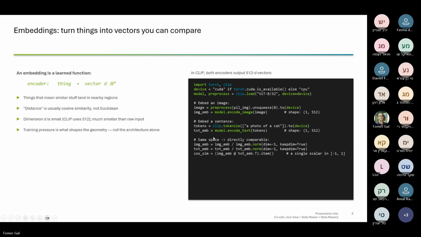So we take the image embedding, we divide by the normalized form, same we do for the text, and then we compute the aspect of the cosine similarity. And if the image is an image of a cat, then the similarity score is ideally high, up to 1.